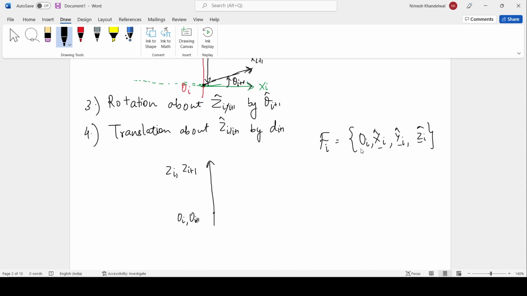Basis vectors and the origin. So we needed to make all of them coincide to get the transformation. And after these four transformations, this is how all of them look. And again, we know that since xi and zi coincide for both of the frames, and y depends on z and x only, then y of both the frames will also coincide, right?